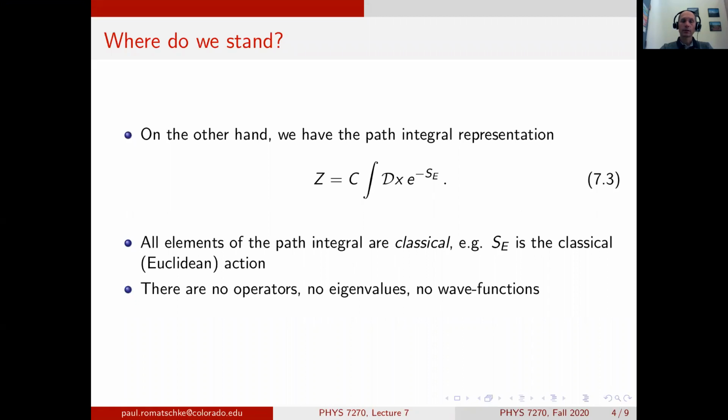Note that in this representation of quantum mechanical observables, there are no operators, there are no eigenvalues, and there are no wave functions. All the elements that are needed to set up the observables are purely classical. There is just classical information that goes into this description of what quantum mechanics actually is. The heavy lifting is provided by the infinite number of integrals that are in the path integral representation.